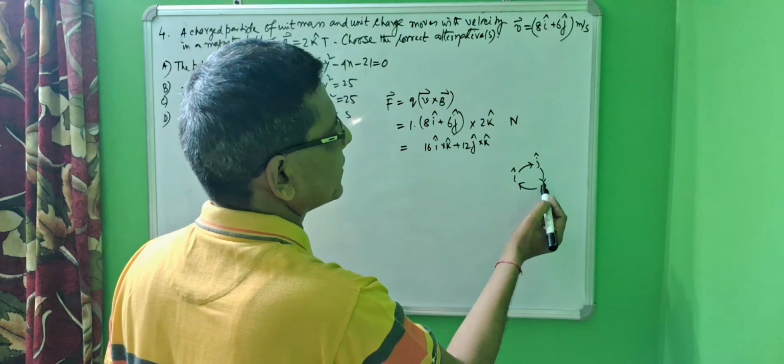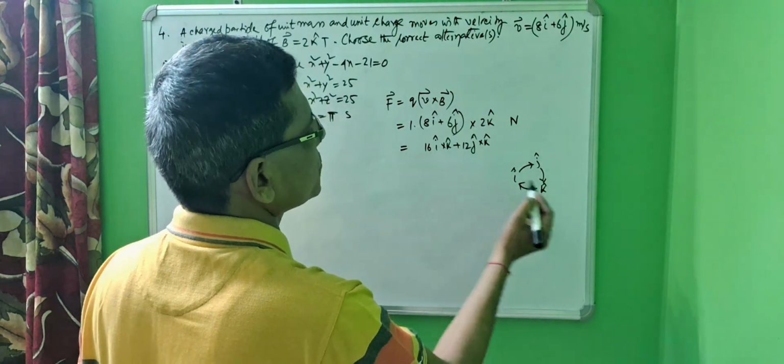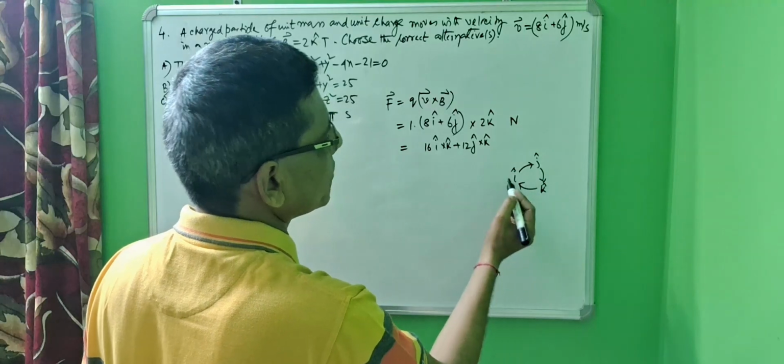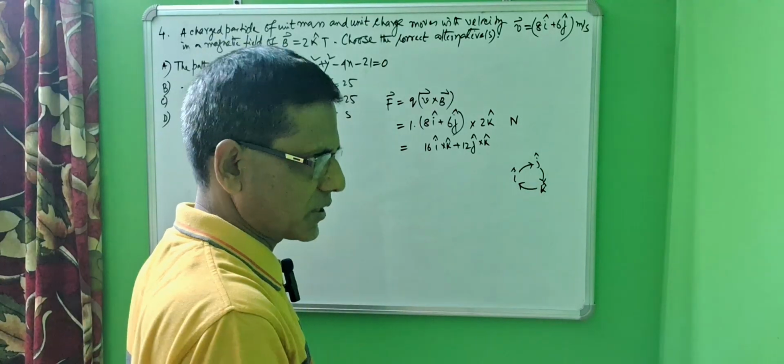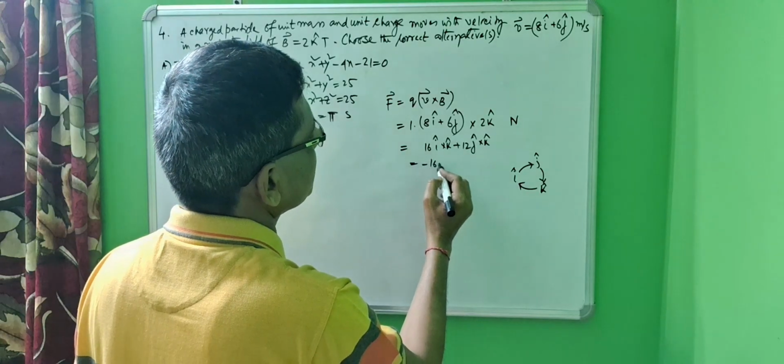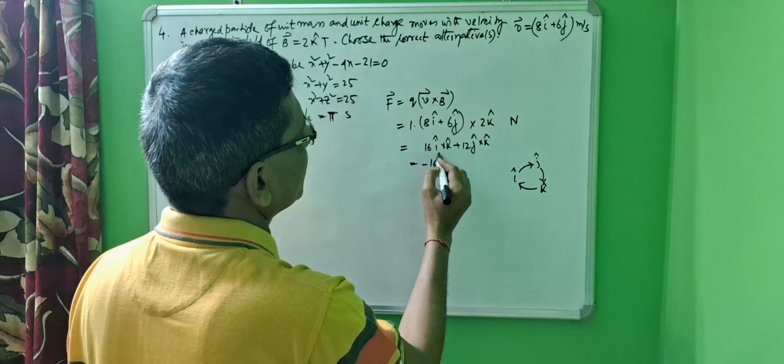I cross j will get plus k, j cross k, and k cross i will get plus j. But here it is i cross k, so it will be minus j.